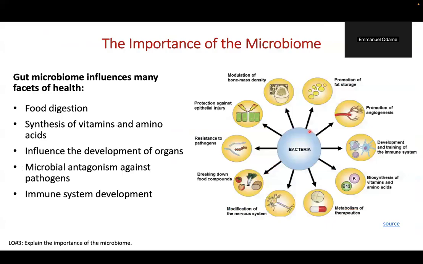So what is the importance of the microbiome? The microbiome is important in several ways. It is important for food digestion, especially the ones in your GI tract. It's also important for synthesis of vitamins and amino acids. They also influence development of your organs, and they antagonize pathogens.